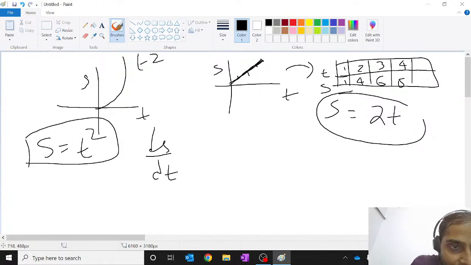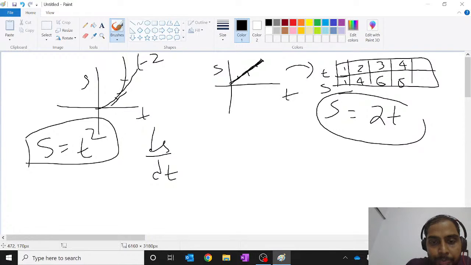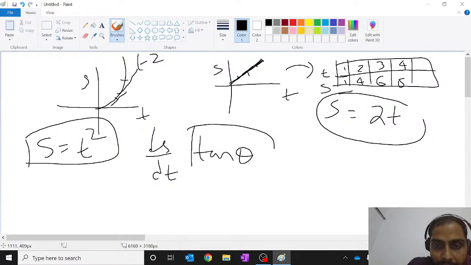If I'm asking you to find the slope at this instant, you would draw a tangent like this. Tangent in all your concepts is nothing but tan theta.